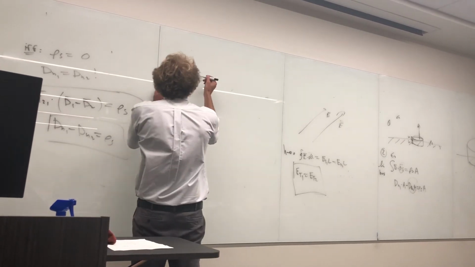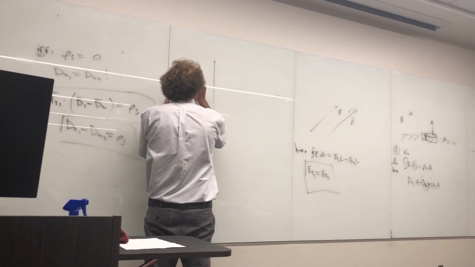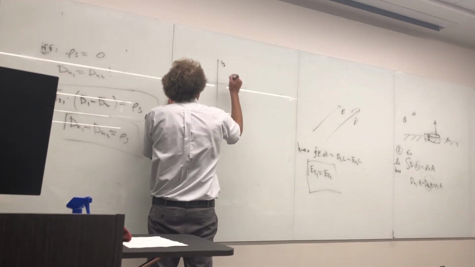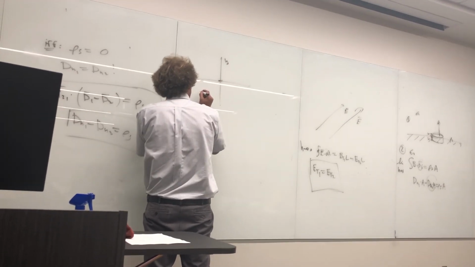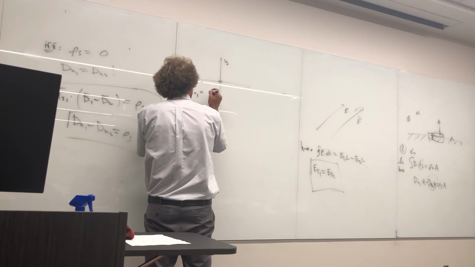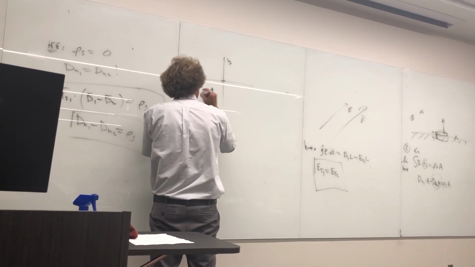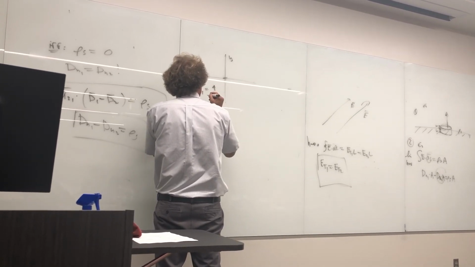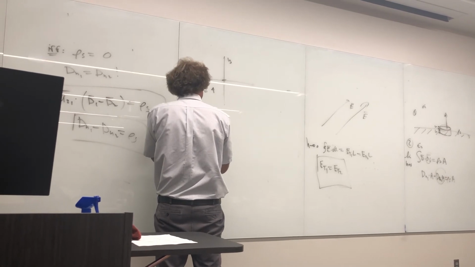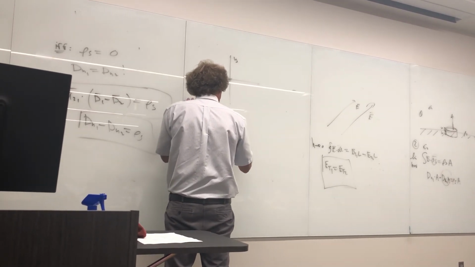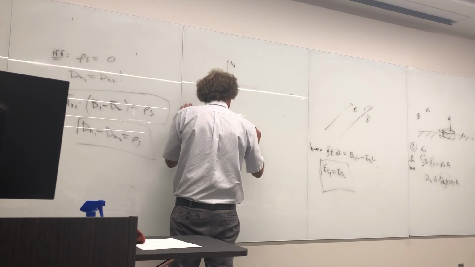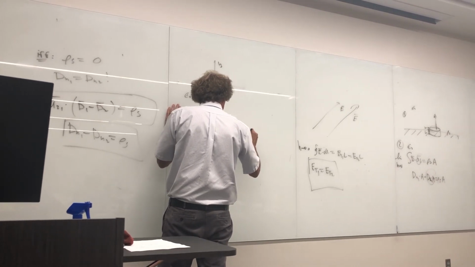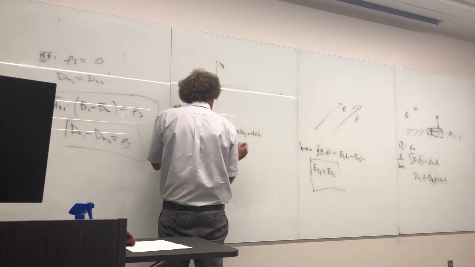For y less than 0. Okay. I'll put y this way. Y less than 0. Epsilon R1 equals 4. And E1 equals 3ax plus 6 pi ay plus 4az. E in region 1 equals 3ax plus 6 pi ay plus 4az. Okay.